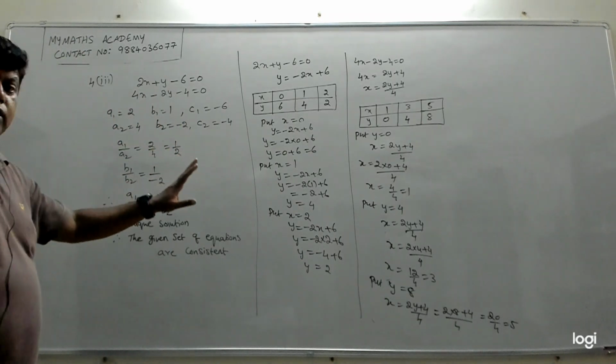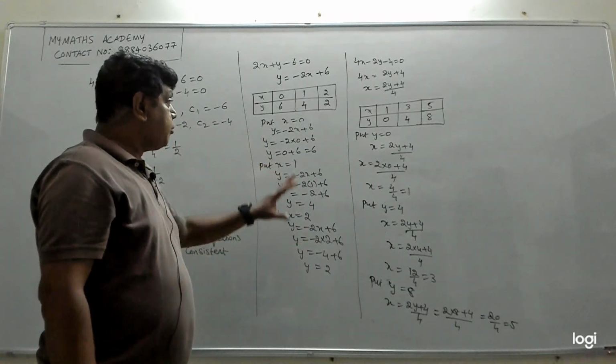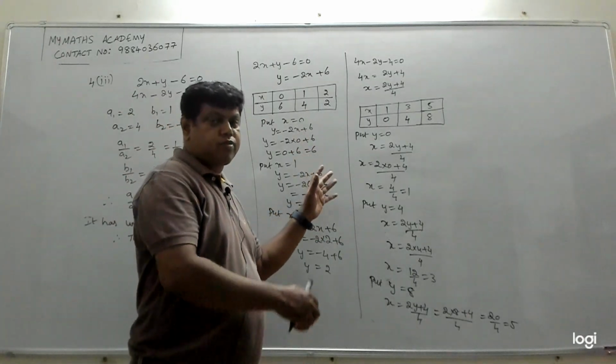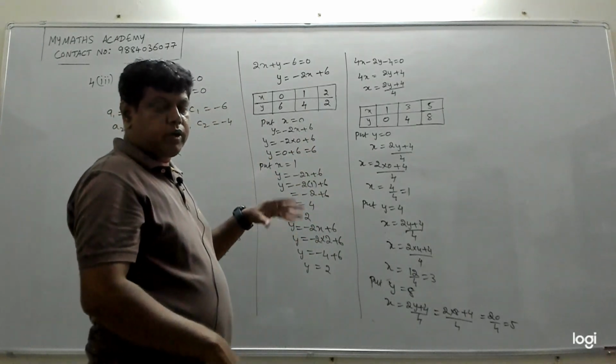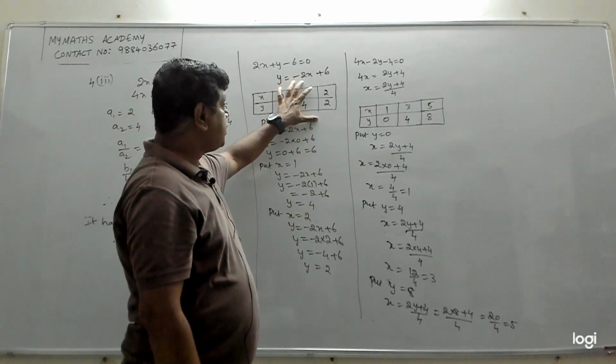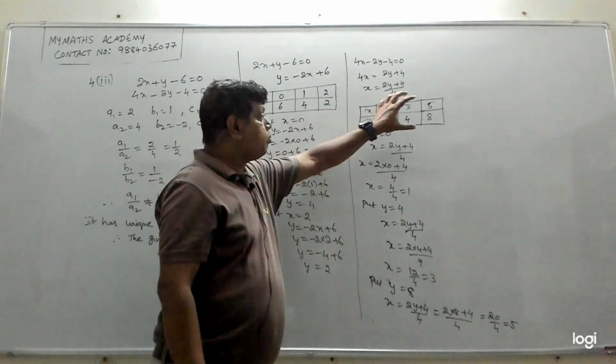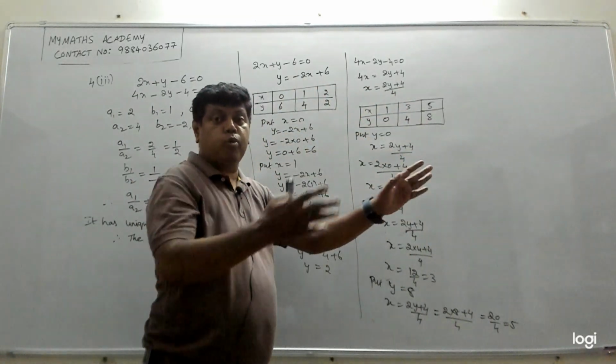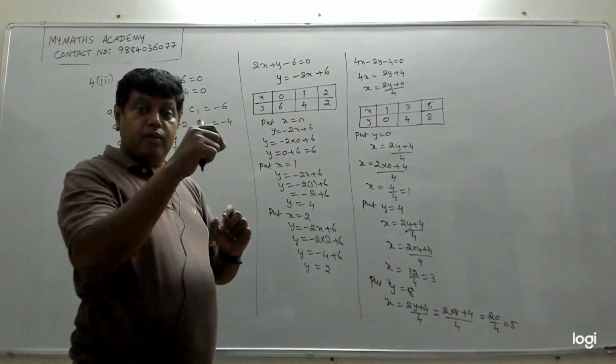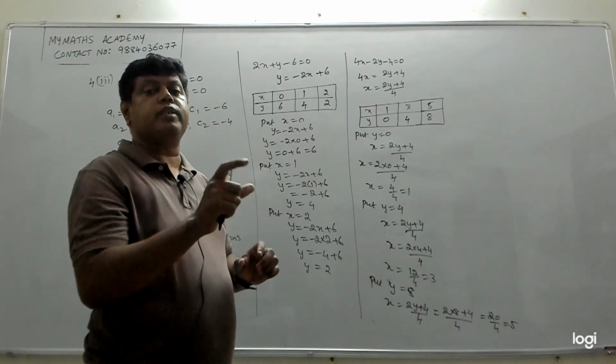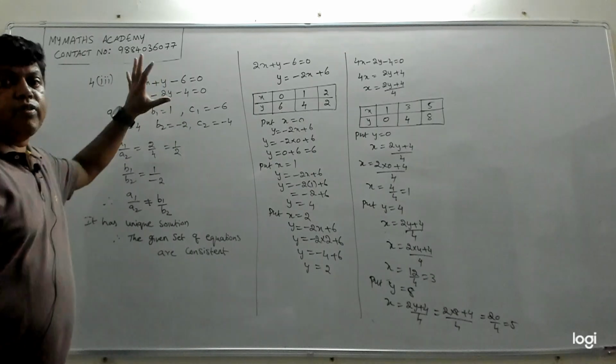I'm not drawing the graph because I've done the graphs in my previous videos. You can check those. So you need to plot these 3 points, you'll get a straight line. You plot the other 3 points, you'll get another straight line, and both these straight lines will meet at a point. Whichever point it is meeting, that point is the solution of this set of equations.